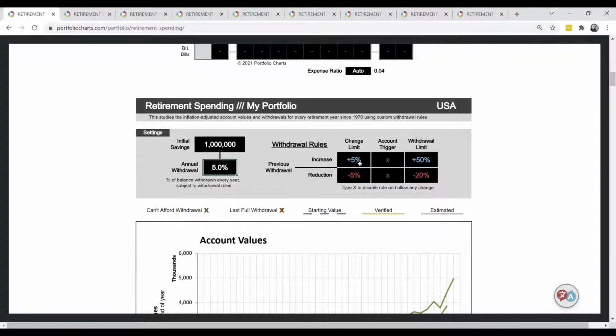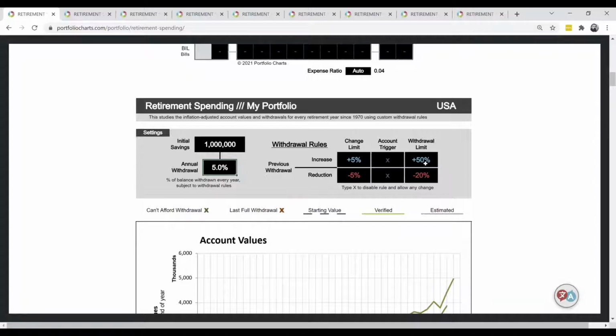And so this change limit is how much the portfolio would be allowed to increase or decrease from year to year. This account trigger allows you to set it so that if it goes up a certain percentage, then it will change these change limits.